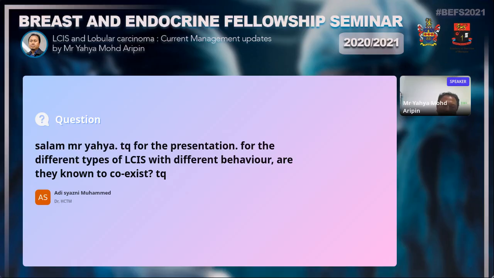If it is classic ILC and the mammogram shows something, you might need to excise the lesion because you're worried that you will miss the aggressive type of tumor, which could be just nearby the one that you biopsied. Okay.